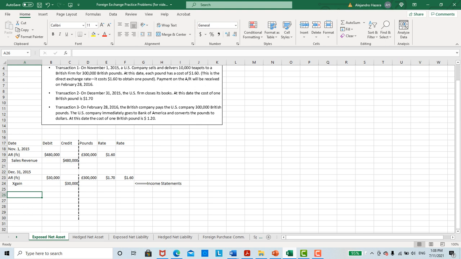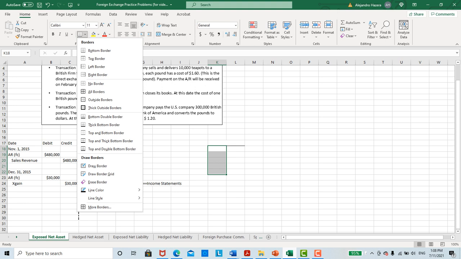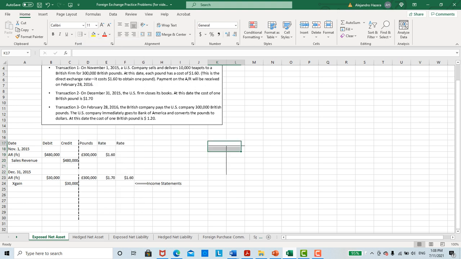Let's put a T account up here. This may be overdoing it, but we'll put a T account here, and this will be our account receivable. This is our account receivable balance here. We've got two entries.